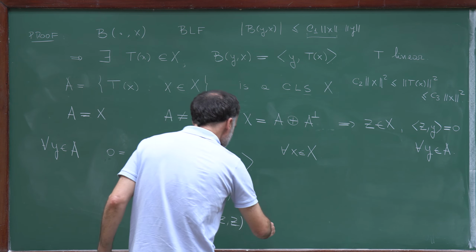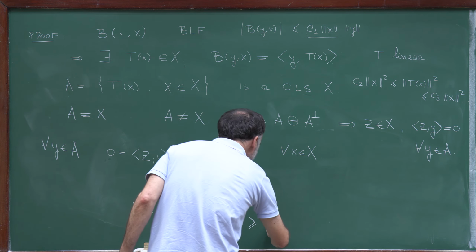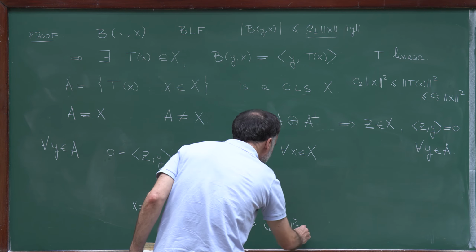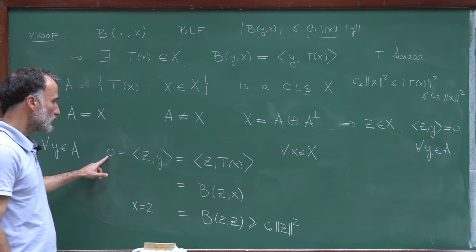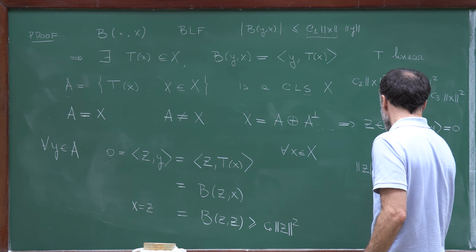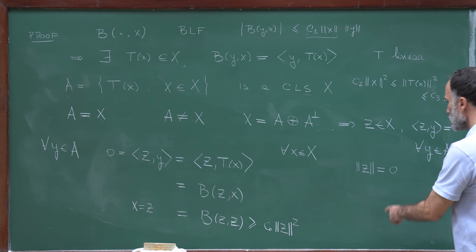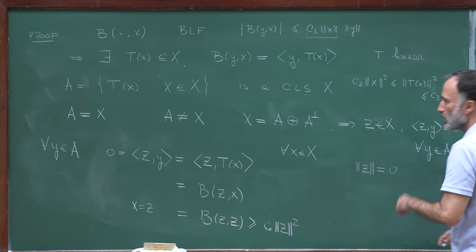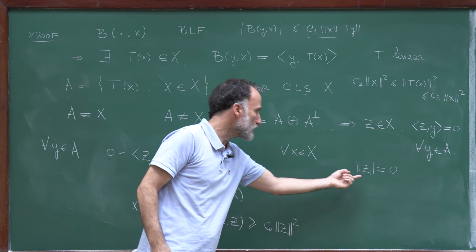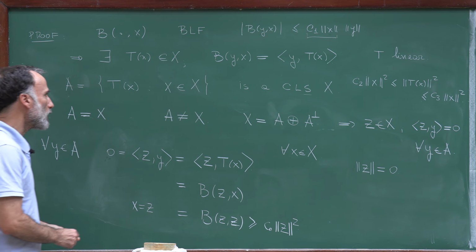But if you remember, one of the assumptions is that BZZ is bounded below by C0 times the norm of Z squared. Therefore, we get that the norm of Z is equal to 0. This proves that the unique element of A orthogonal is the element 0, so A orthogonal is reduced to the element 0. And that proves that A is equal to X.